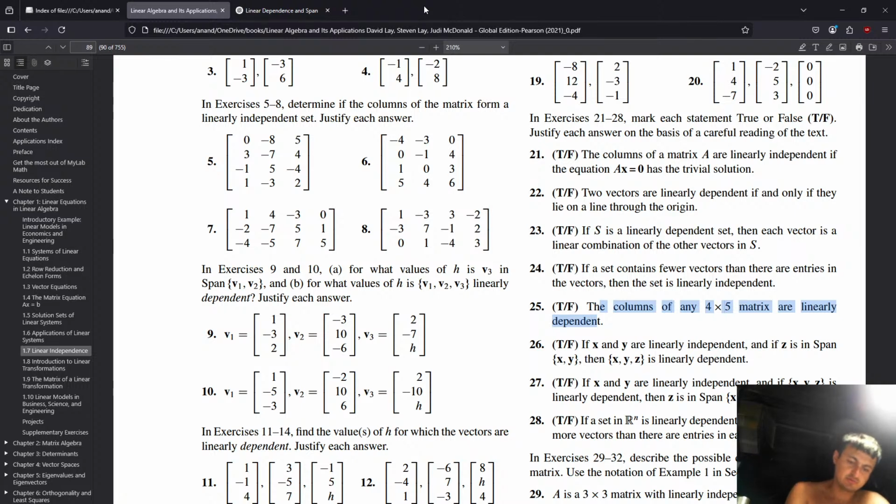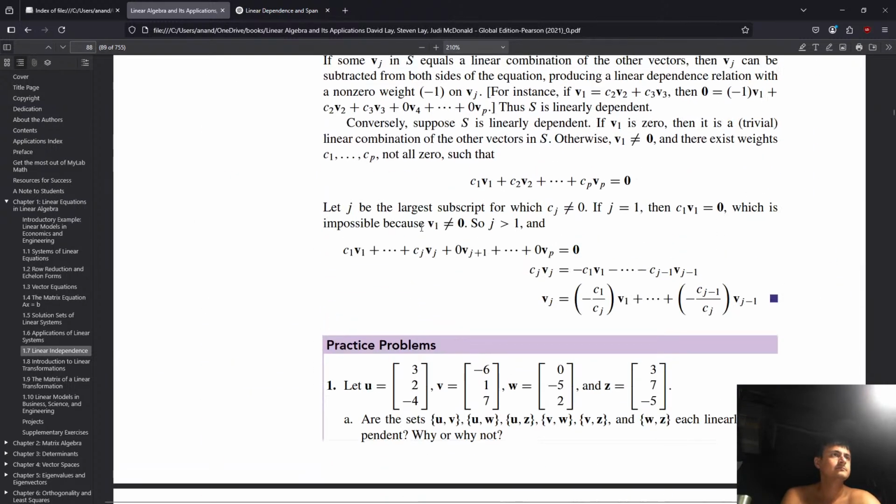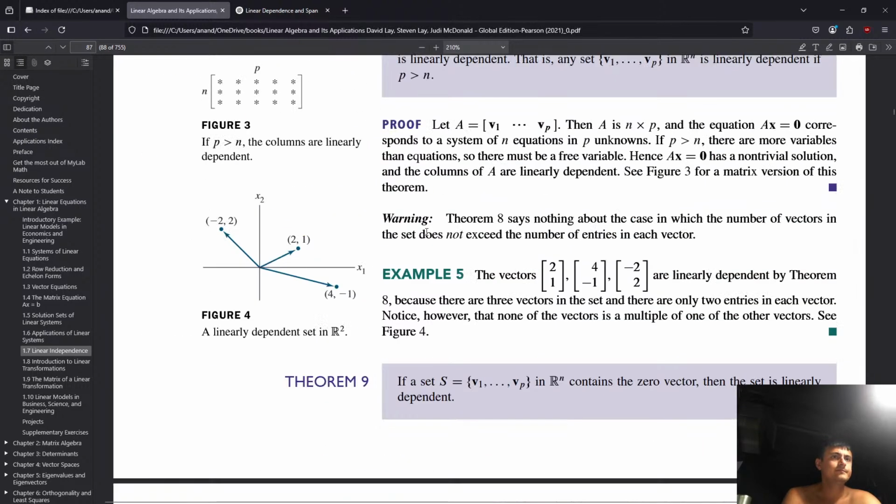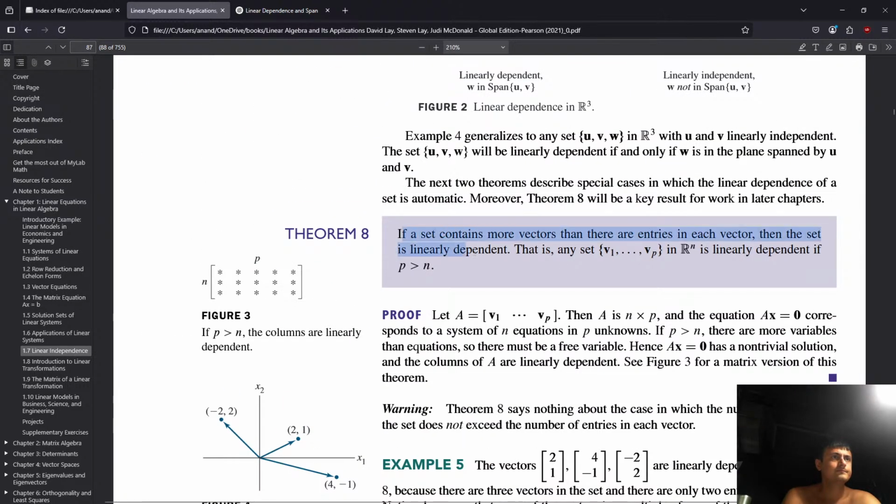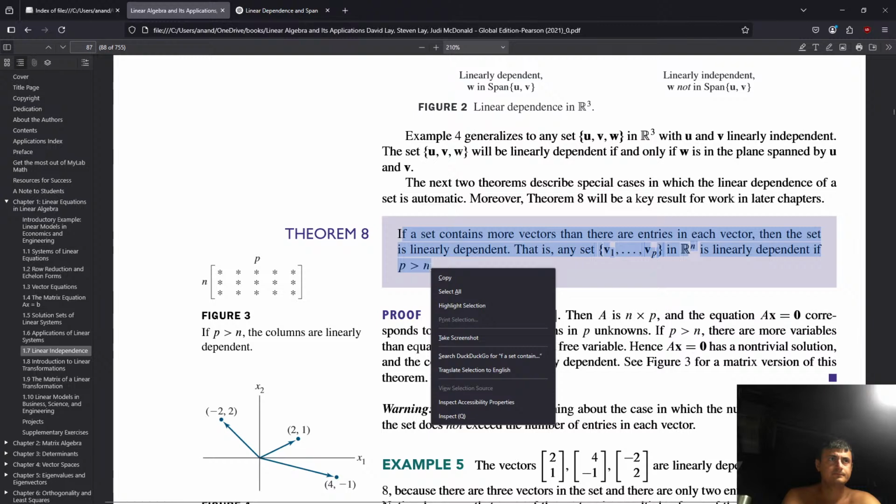That is true, actually. That is going to be true, by Theorem 8.